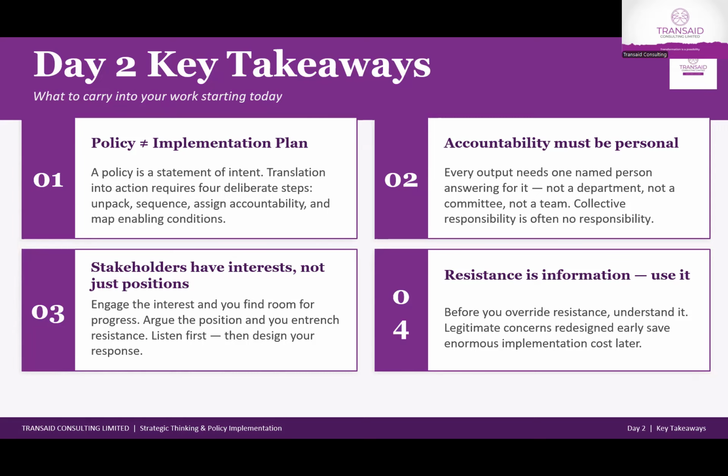Don't be arguing with anybody. Always see feedback as a learning tool. Four, resistance is information, so use it. Before you override resistance, first of all, understand it. Legitimate constraints, redesigned early, will save you enormous implementation costs later.